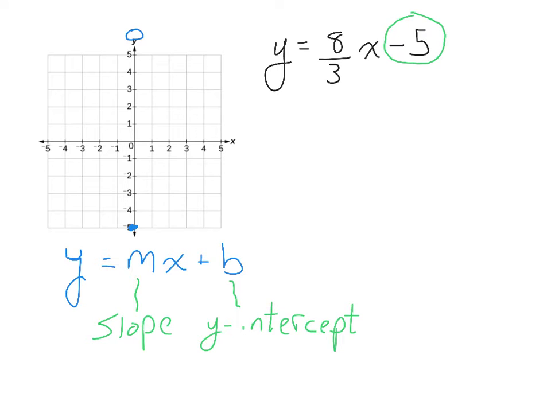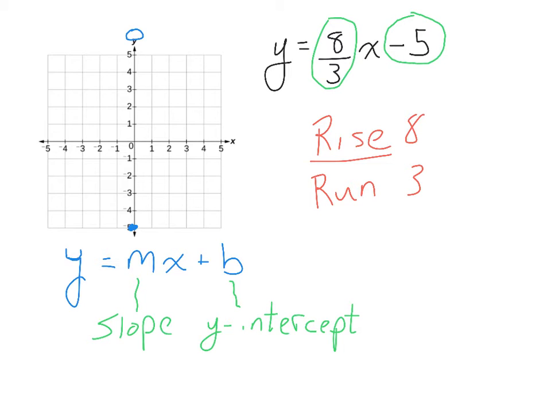Now I need another point. So I'm going to go to my slope, and we're going to find the other point. Now remember, slope we had as a concept, rise over run. So in ours, we have a rise of 8 and a run of 3. So I'm going to start at this point, -5, and I'm going to rise 8. 1, 2, 3, 4, 5, 6, 7, 8.